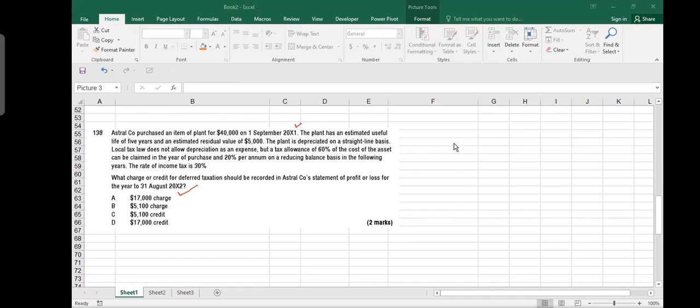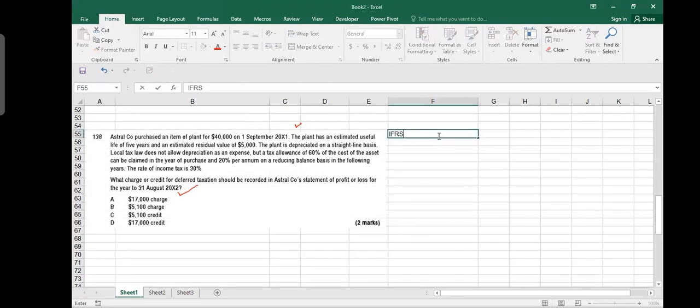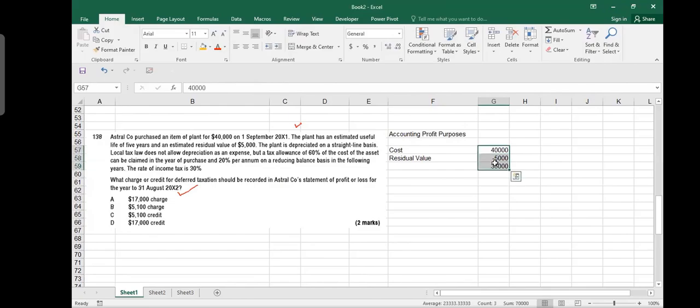So I start with my first thing, which is my IFRS stuff, or I call it my accounting profit purposes. How would I record that? For accounting profit purposes, I would say that my cost is 40,000. My residual value is 5,000. So it means that the depreciable amount is 35,000.